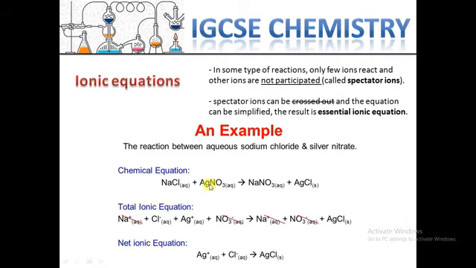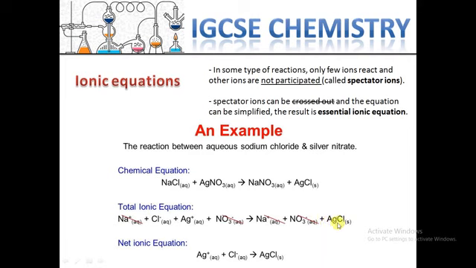So if you convert all the molecular forms to the ionic form, as you can see in the second equation, then you can see that some of these, like sodium, are not participating in the reaction. The reaction means you will get the product silver chloride, AgCl, here.